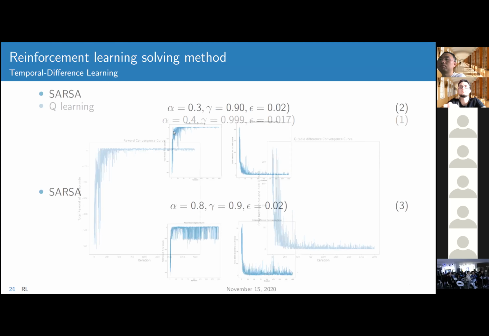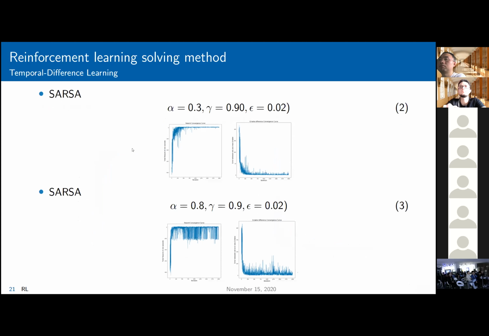And these two sets of charts are the results when alpha takes different values, using the SARSA algorithm. It can be seen that when alpha equals 0.3, the simulation result is very similar to the result of the Q-learning algorithm, and when the alpha value becomes larger, the optimal solution becomes smaller, and the error becomes larger.